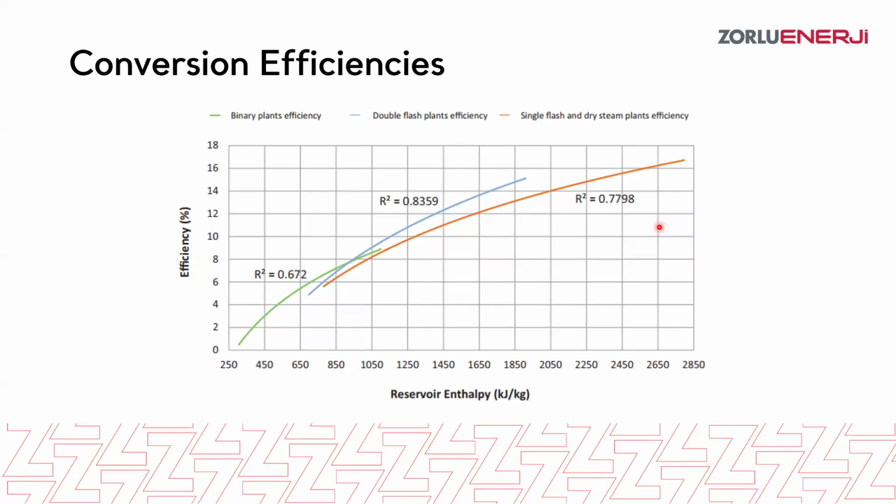Okay, for example, if you have some volcanic regions, it most probably will have some high temperature values in the reservoir sections. Due to that fact, you may have a steam dominated reservoir, and you will be better off choosing a dry steam power plant or flash power plant to produce electricity.